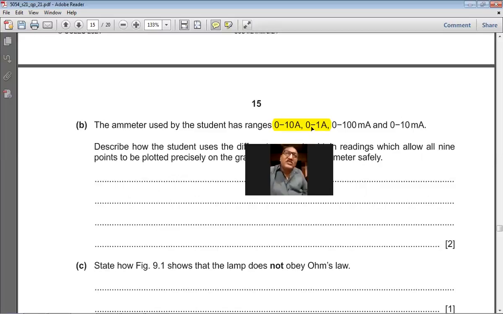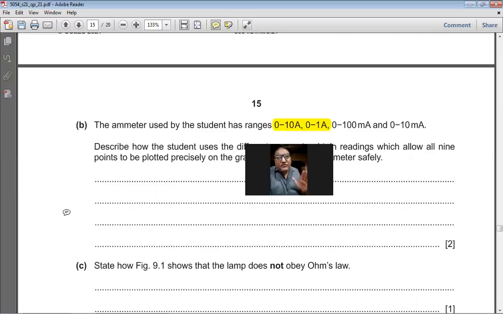You have to use the second one, 0 to 1 ampere. So when the current is more than 1 ampere, I will use the 0 to 10 ampere range. And when the current is less than 1 ampere, I will use the 0 to 1 ampere range. These two will not be used.